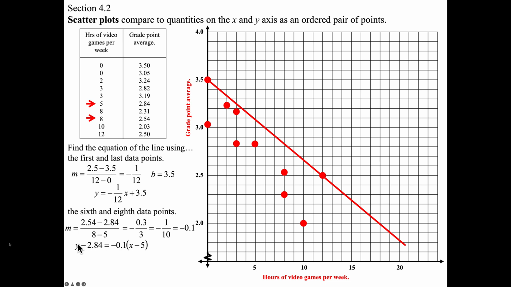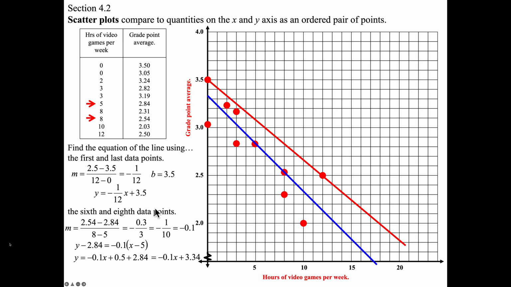Point slope is y minus y1, that's 2.84, equals your slope times x minus your x sub 1, that's the 5. I distributed, added over the 2.84, and combined like terms. There is the equation of my best fit line, which, again, crosses these two points, approximately at 3.1 somewhere in that area.